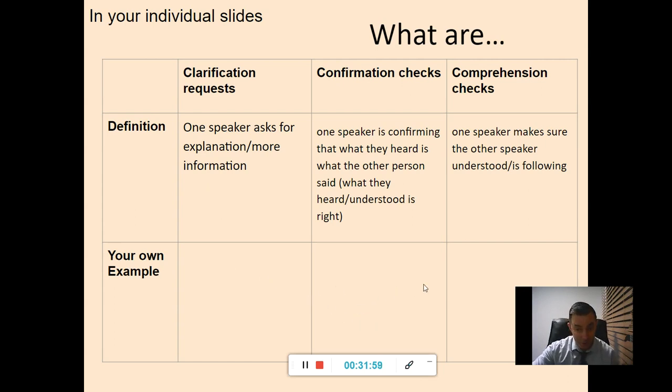So one example of a clarification request, one example of a confirmation check, one example of a comprehension check. Now, the one caveat is that please don't write "what are we going to do" as your comprehension check. We're not looking for a classroom comprehension check, but think of a casual conversation.